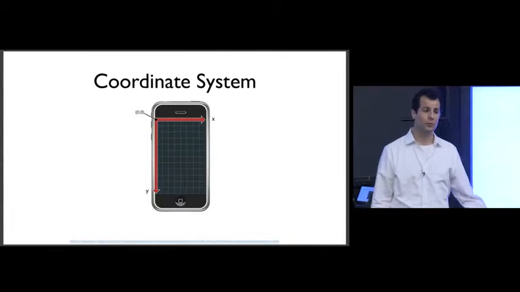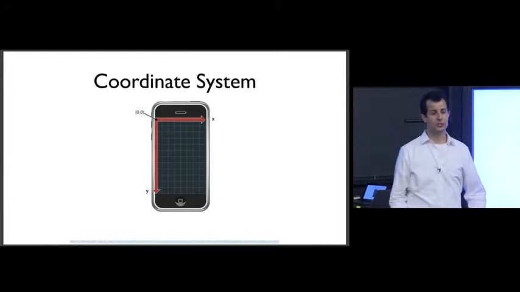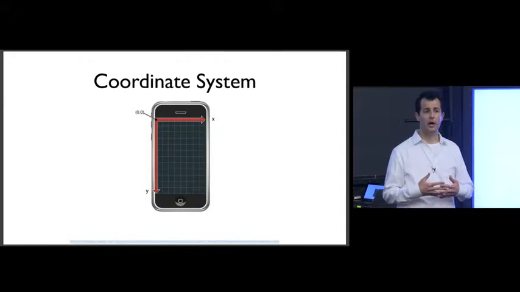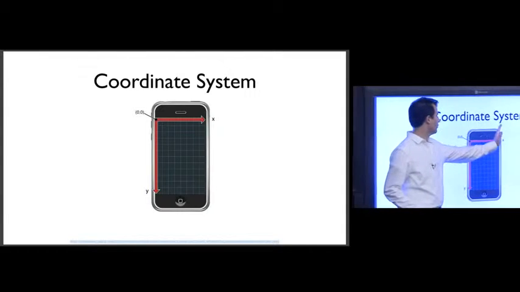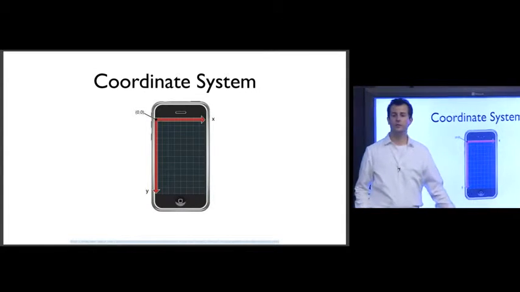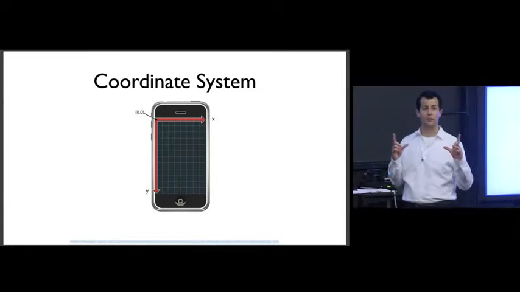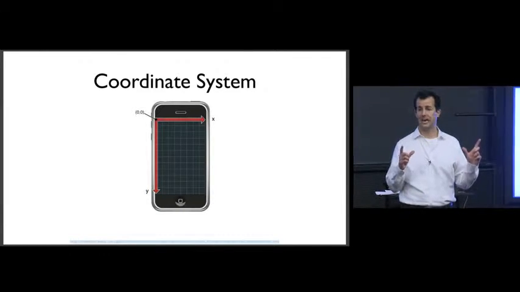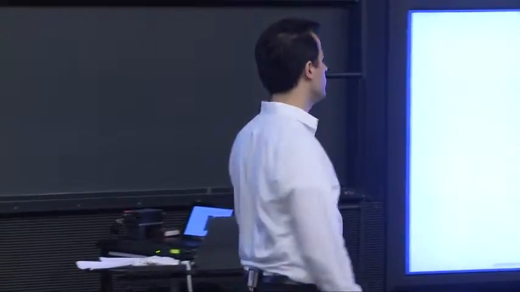I looked for a newer image, but even Apple's documentation uses the iPhone 3 for this example. But it's really just to paint a picture of the coordinate system in iOS, which is this plane where you have x coordinates on the right, y coordinates on the vertical. The takeaway here is that the coordinate system begins in the top left-hand corner. So 10, 10 means 10 over and 10 down, not the opposite, as you might know from, say, typical Cartesian coordinates in algebra.